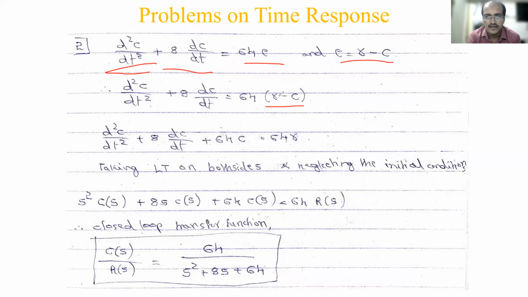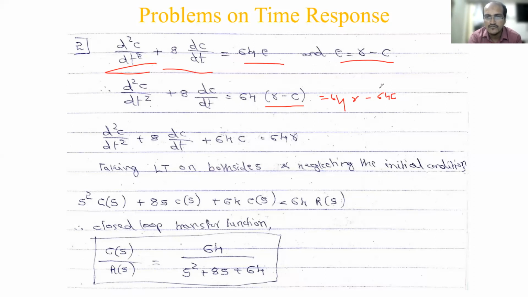So when I expand this, what you will get is 64R minus 64C. Multiplied the things. So then what I want is all the C terms on one side and R terms on another side, so that you can take the ratio easily, C of S by R of S.